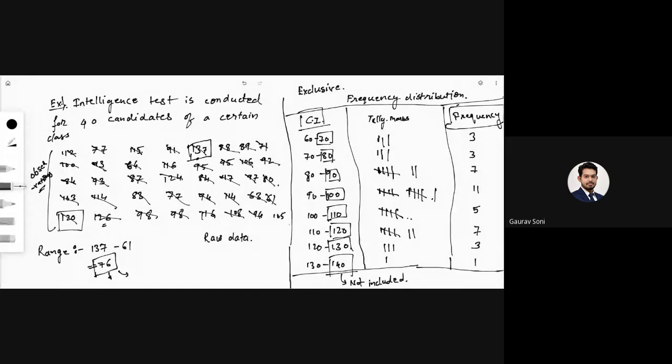Yes, sir. It seems fair. Why so? It seems to be average, sir, because most of the population is in the range from 80 to 120.